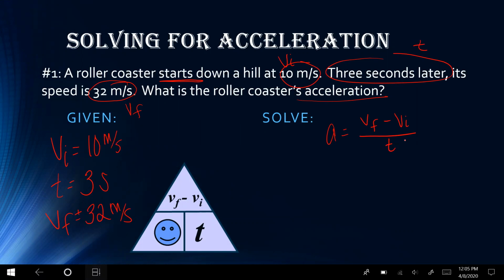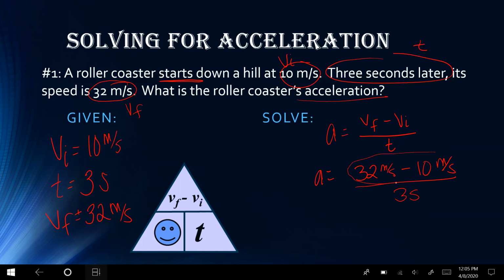And I'm going to fill in the numbers that I was given. So acceleration is equal to my final velocity, 32 meters per second, minus the 10 meters per second that I was given as my initial velocity, divided by the 3 seconds on the bottom. In order to solve for this, you're going to want to do the top first.